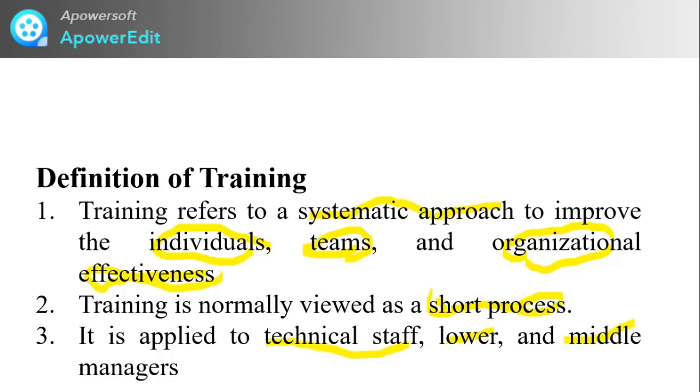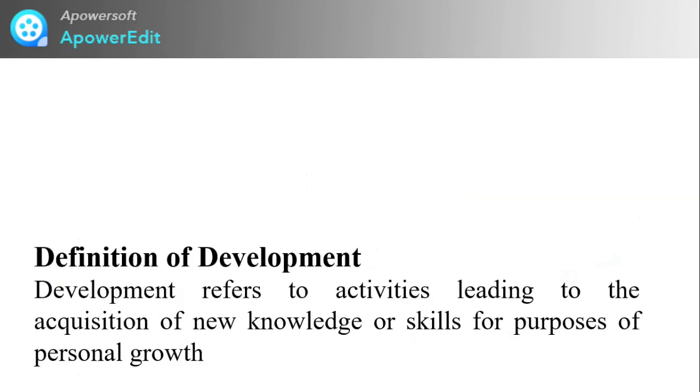Then we will move on to discuss development. What is the meaning of development? Development refers to activities leading to the acquisition of new knowledge or skill, the same way as training.